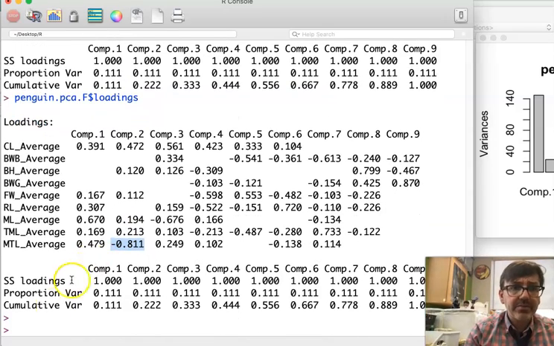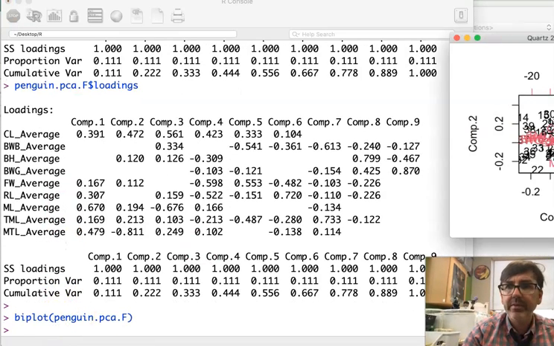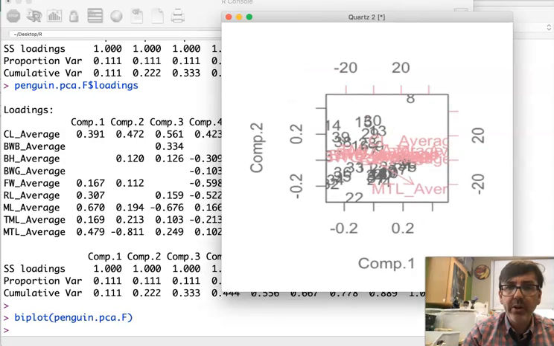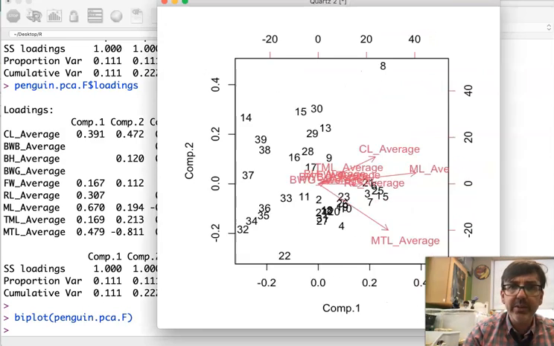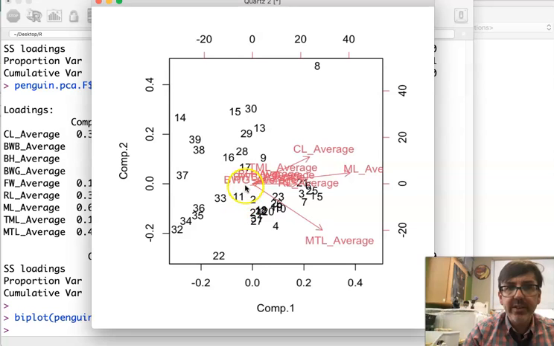Now, we can also visualize these with biplots. So I could look at this, and this plots component 1 and component 2 with all the individual data points on it, and the different variables are illustrated by these vectors.